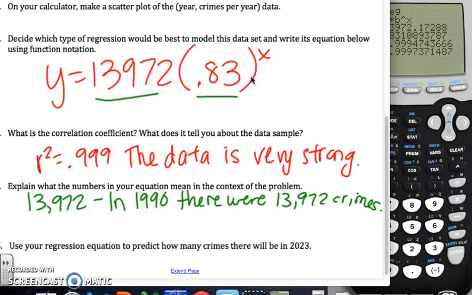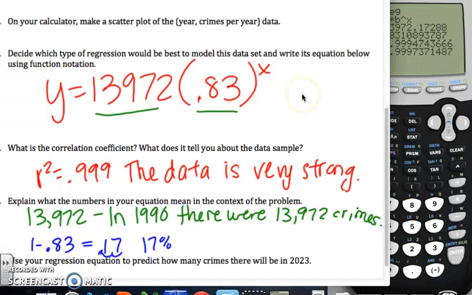And then I need to talk about this 0.83. So again, that's the factor, and you have to find the rate. So to find the rate, you need to see how far it is away from 1. So I need to do 1 minus 0.83 to get 0.17. Okay, and then that means I need to make it a decimal, or a percent, which would be 17%.